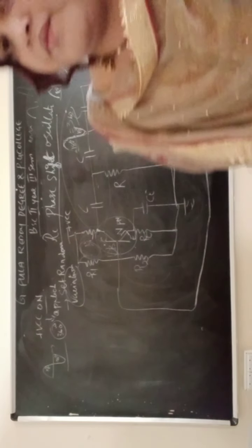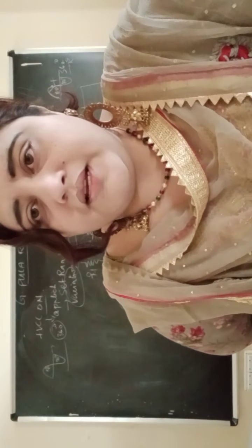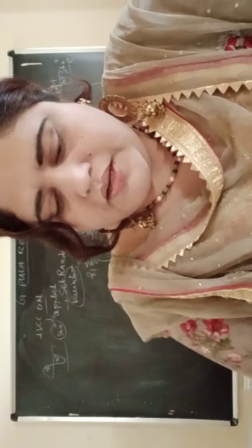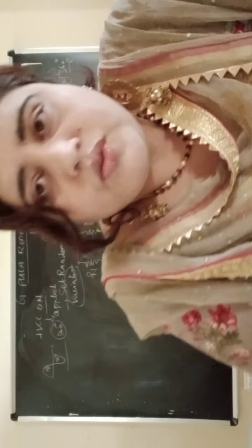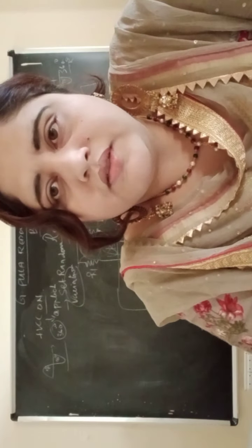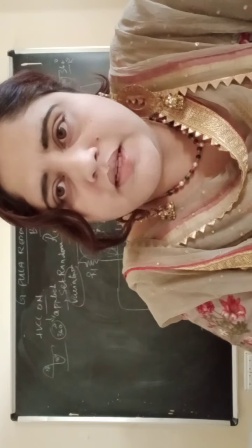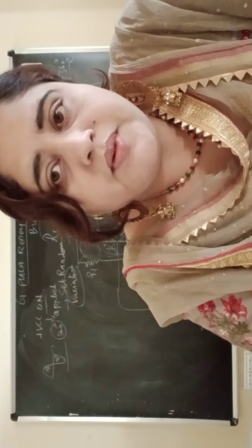Okay, so what we have learned in the RC phase shift oscillator: an oscillator is a device which will generate the output in the form of a sine wave without any AC input, as long as a DC power supply is connected to it. Then we went for RC oscillators.